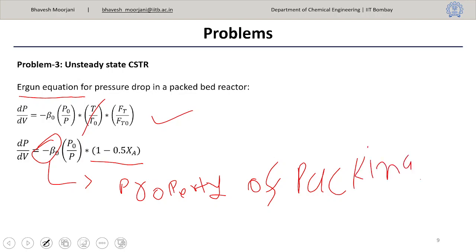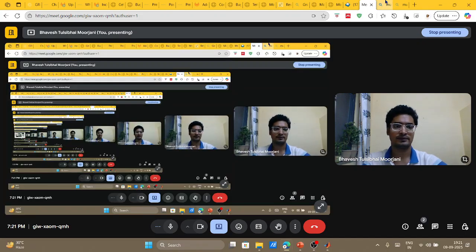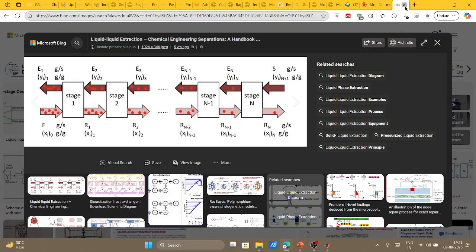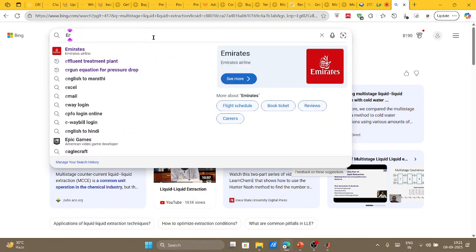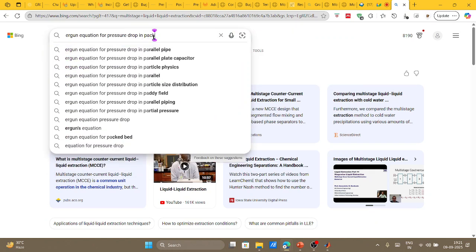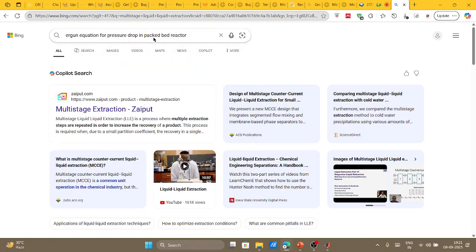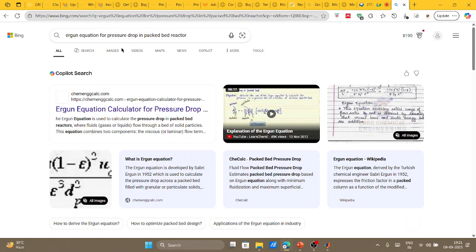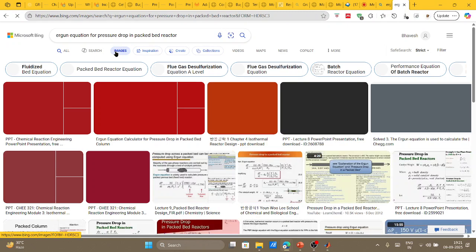Okay, let me show you the example of Ergun model for packed bed reactor. I will show you the glimpse only.